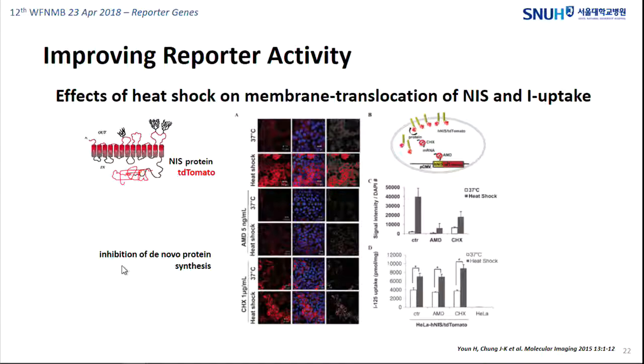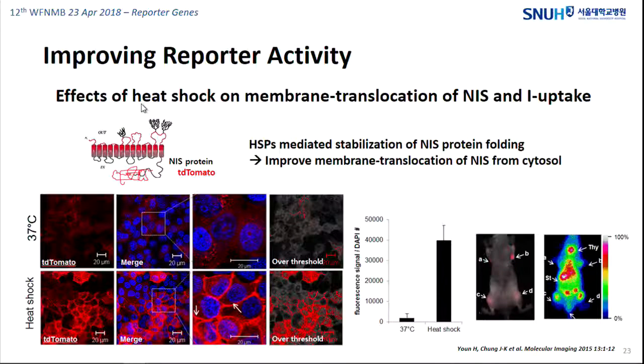So we inhibited de novo protein synthesis, and the heat shock can move this protein from the cytosol to the membrane to increase its activity. From this figure, we can see clearly that when we add the heat shock, more membrane NIS can be visualized in this case.